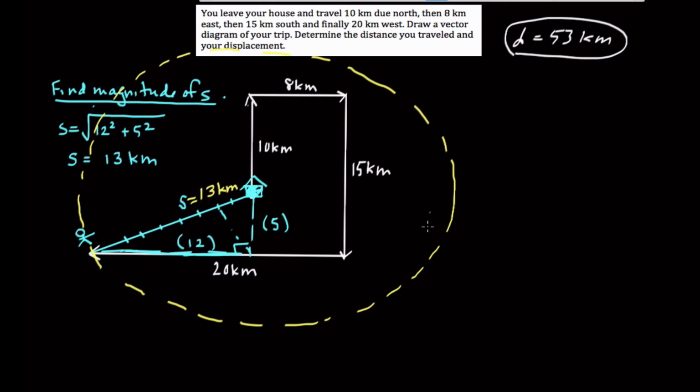13 kilometers in what direction? If you called home and said, come get me, I'm 13 kilometers away, you have to tell them in what direction. When you leave home, which way do they have to go if they wanted to get you? I can figure this out in terms of my compass points, north, south, east, and west. So let's take a look at the compass.